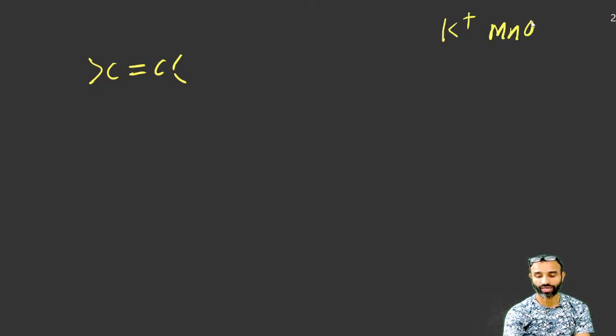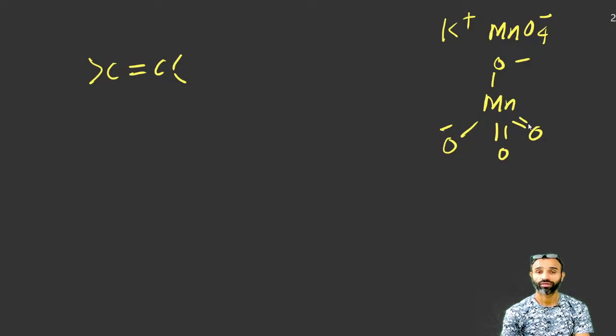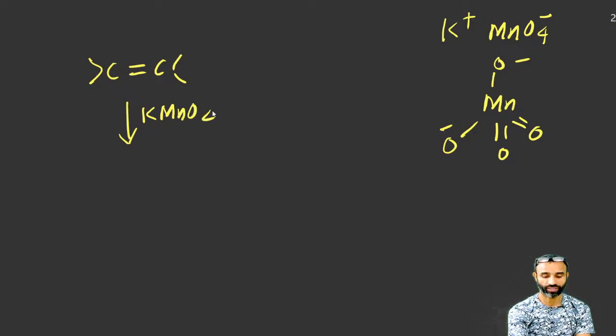How does it go? See, in this way, there is a double bond. KMnO4 is K plus and MnO4 negative, and MnO4 negative is tetrahedral. Actually, when KMnO4 is treated with it, it is like this.